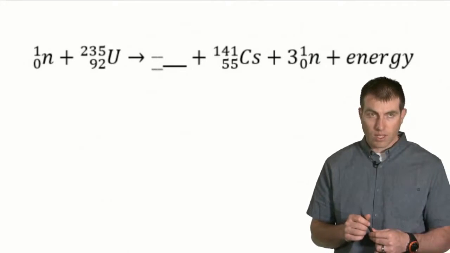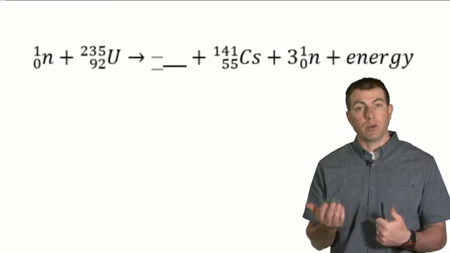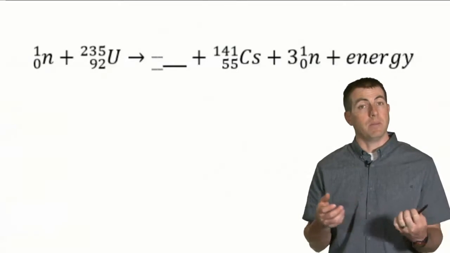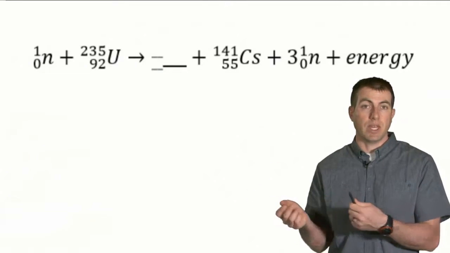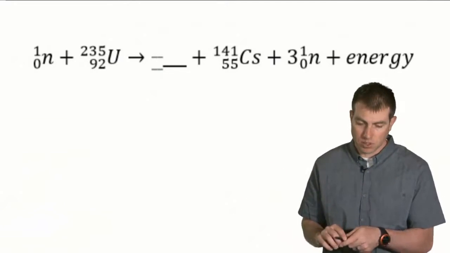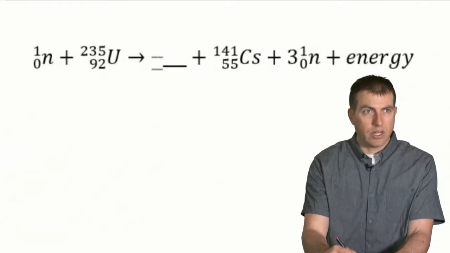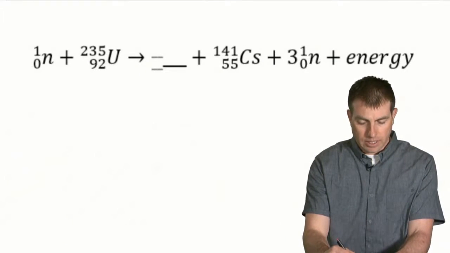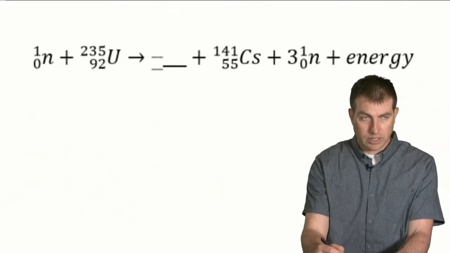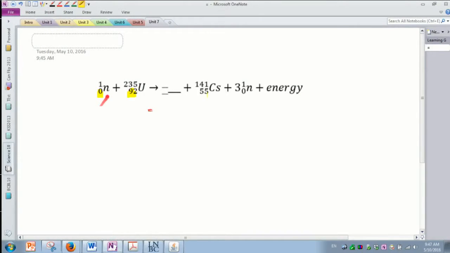So, we have this equation, and we need to figure out how many protons are on one side of the arrow, and the amount of protons needs to be the same on the other side. And if we can figure out the mass on one side of the arrow, the mass has to be the same on the other side. So if we look at the bottom numbers to start here, we have 0 and a 92 on my left, and over here, we have a 55 and a 0.